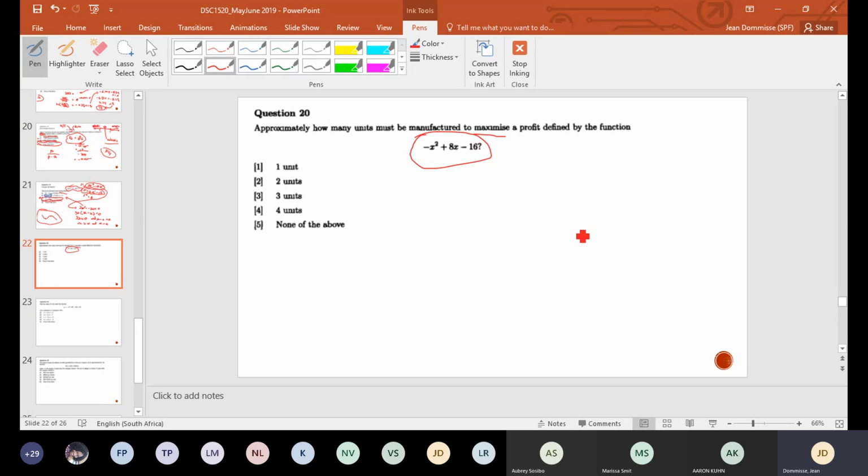Two things here: maximize, and the coefficient is negative. So we know the quadratic in this instance will go down, so we need to find that point, and that is the turning point.